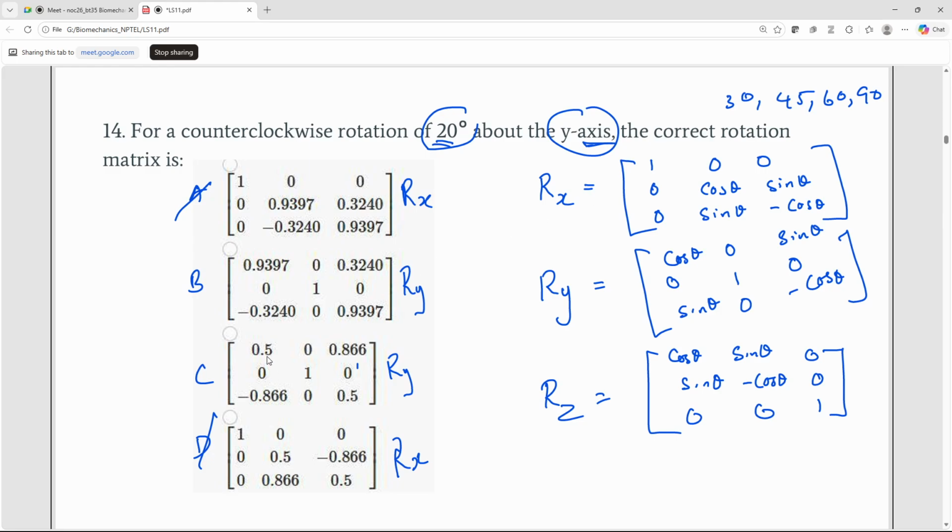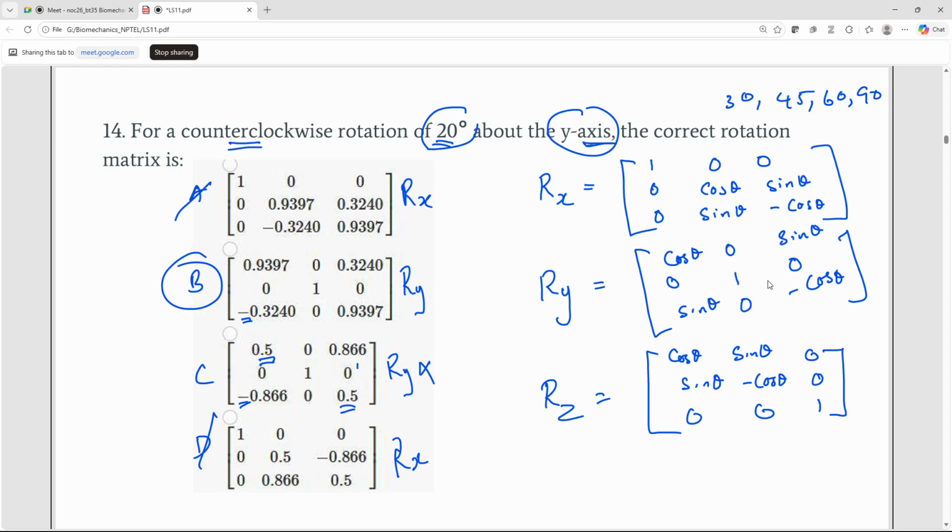But if you see here, this 0.5 will only come for 30 degree and 60 degree. So from that, we can easily cancel this one also. So the correct answer is option B. And if you see here, the negative in these two things has changed because it's a counterclockwise rotation.